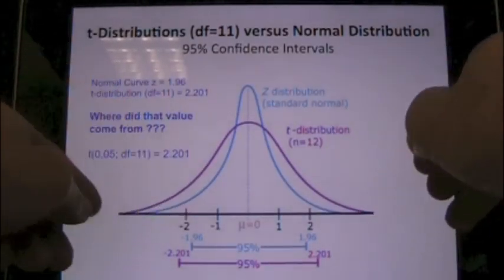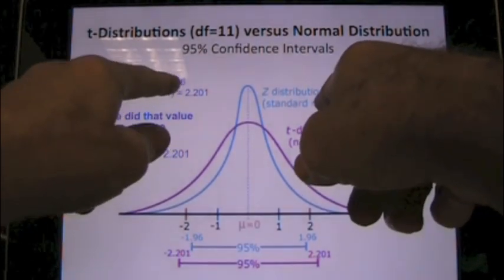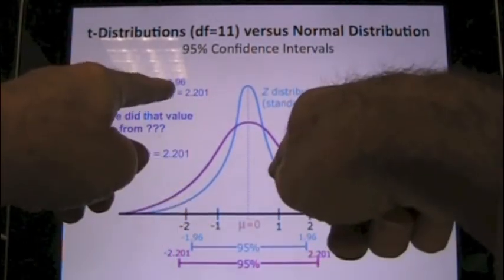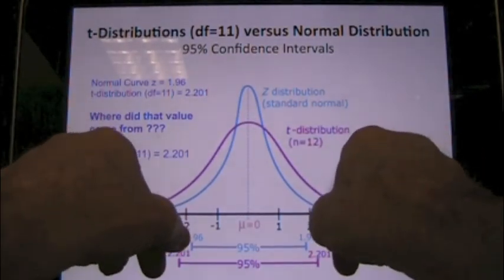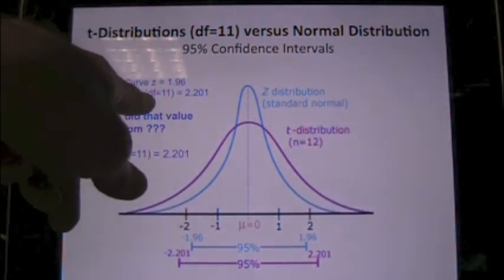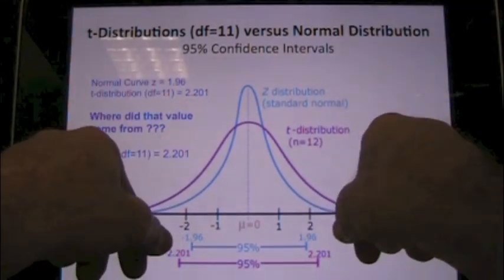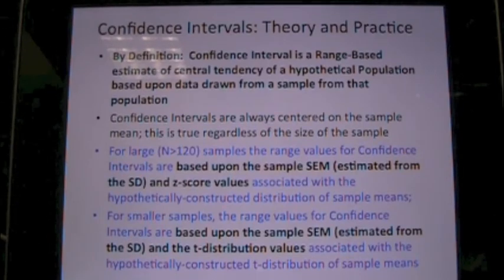So the 95% confidence interval for a normal curve, if you have samples of 150 to 200, whatever it would be, is 1.96 times the standard error of the mean. That's this range right here. Boom. The 95% confidence interval for a t-distribution where the sample size is only 12, you have to pull this baby out, and now it's 2.201 times the standard error of the mean. And so that's essentially the critical role of sample size.